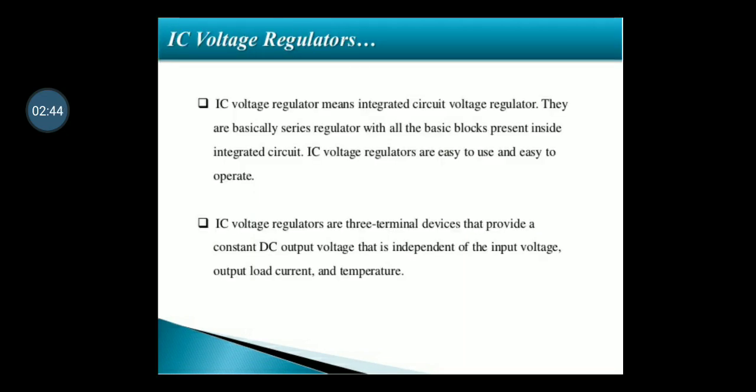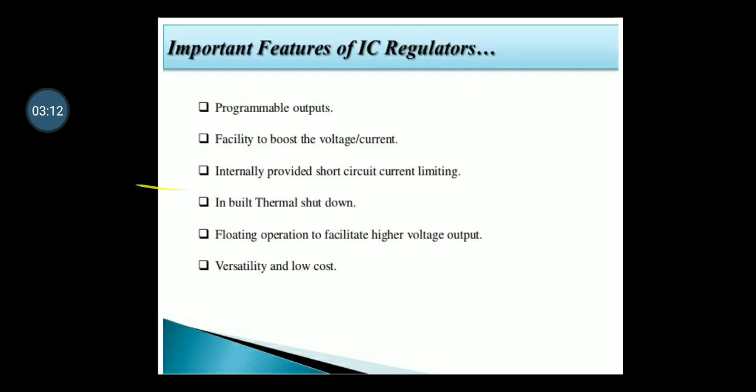IC voltage regulator means integrated circuit voltage regulator. They are basically series regulators with all the basic blocks present inside an integrated circuit. IC voltage regulators are easy to use and easy to operate. IC voltage regulators are three-terminal devices that provide a constant DC output voltage that is independent of the input voltage, output load current and temperature.